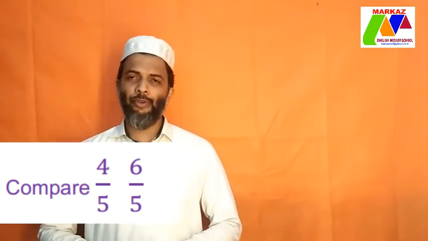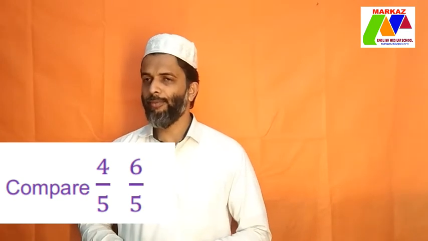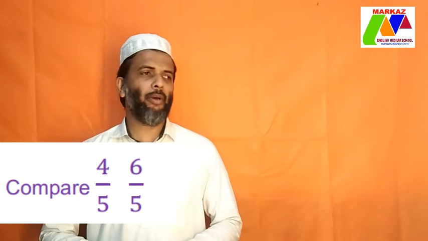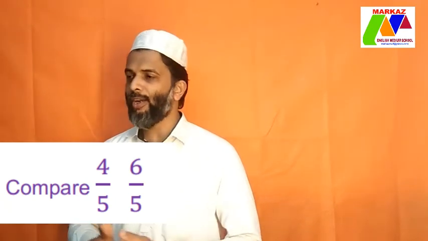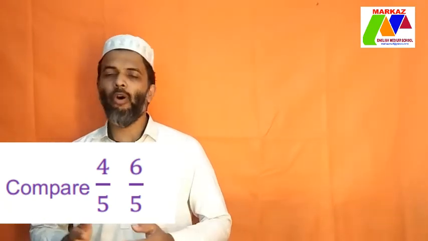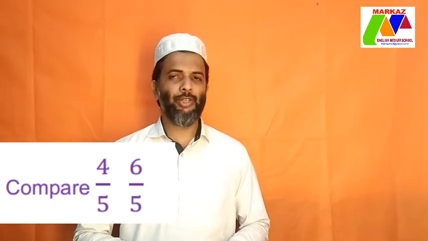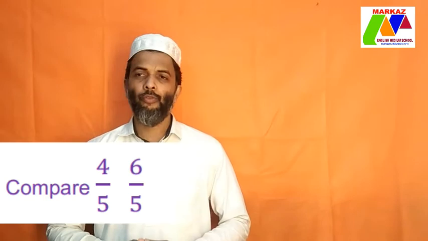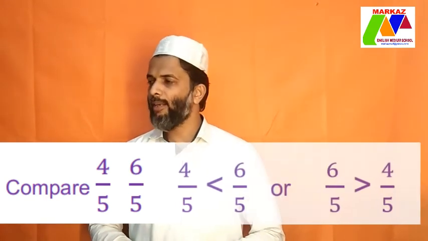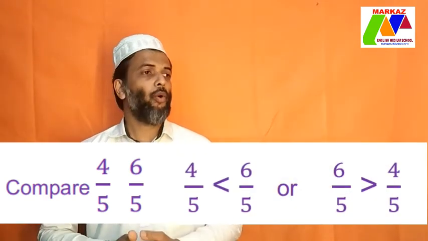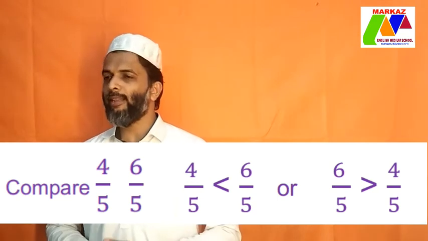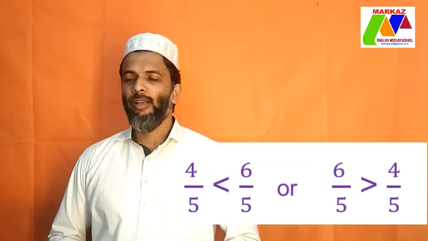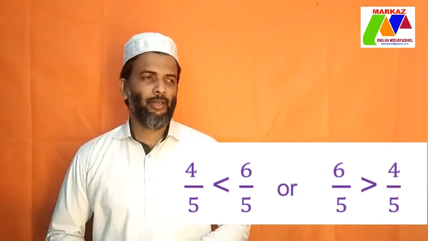The formula of comparison of like fraction: when we compare the fractions, the greater numerator is the greatest fraction and smaller numerator is the smallest fraction. Hence, we can say 4 by 5 is less than 6 by 5 or 6 by 5 is greater than 4 by 5.